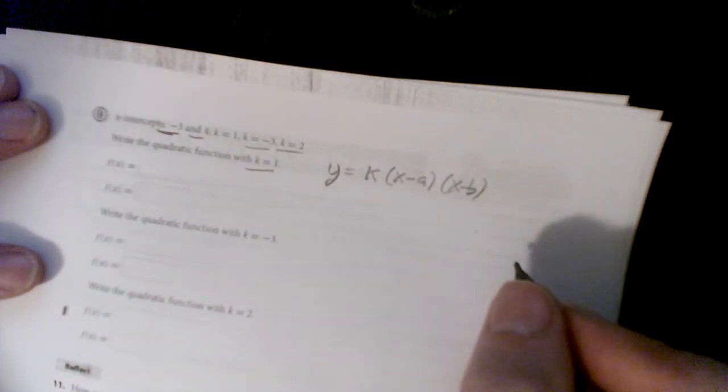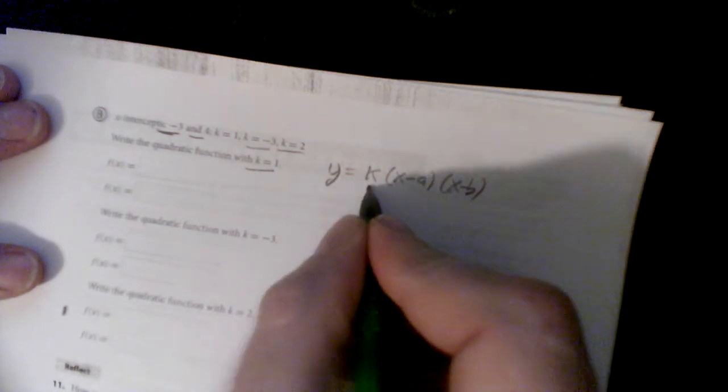This k, remember the format we had: y equals k, and then we had x minus a and x minus b as our intercepts. So if I did this, my k would be 1, I'd put it out there, and then it's always the opposite of this. So we'd have x plus 3 and x minus 4.